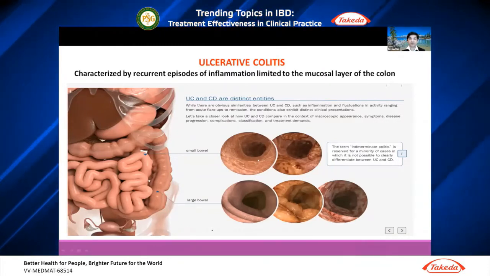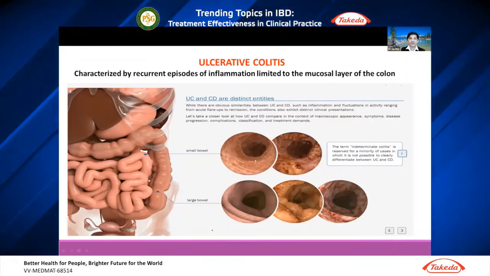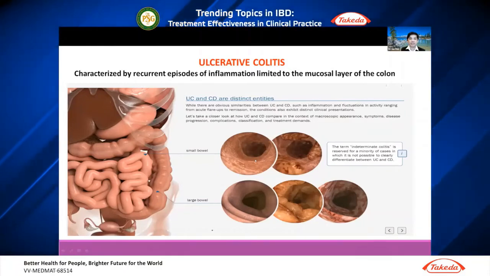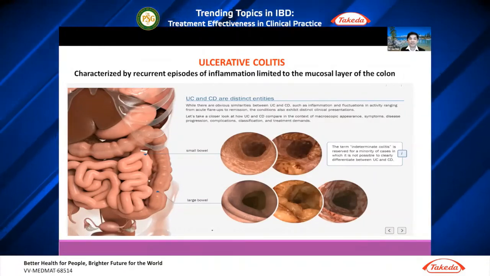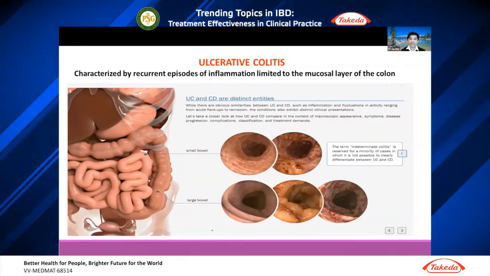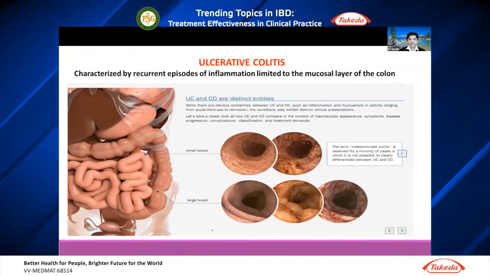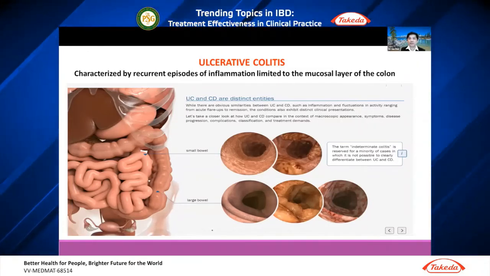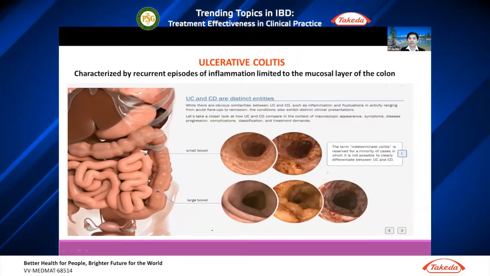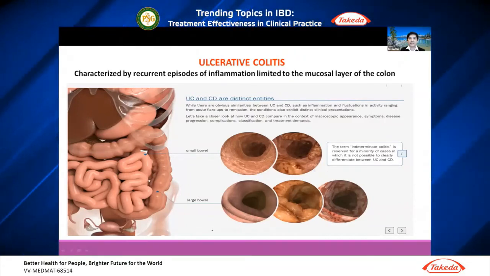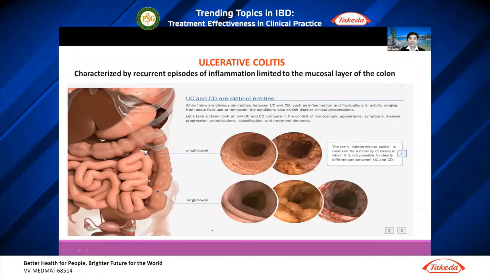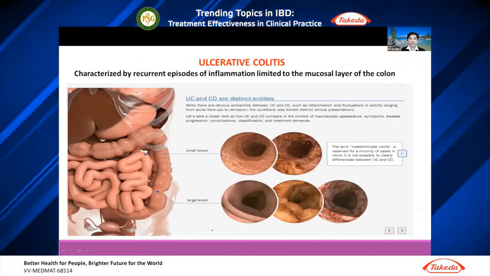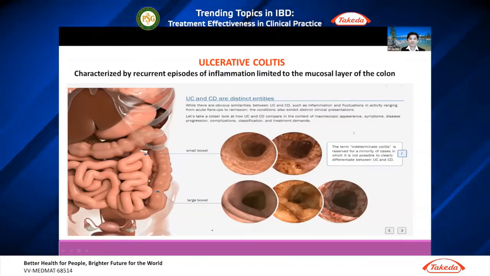It is most likely Crohn's disease. However, if you have a patient with exclusive large bowel involvement, it could be ulcerative colitis or it could be Crohn's disease. And the term indeterminate colitis is reserved for a minority of patients when it is not possible to clearly differentiate between ulcerative colitis and Crohn's disease.